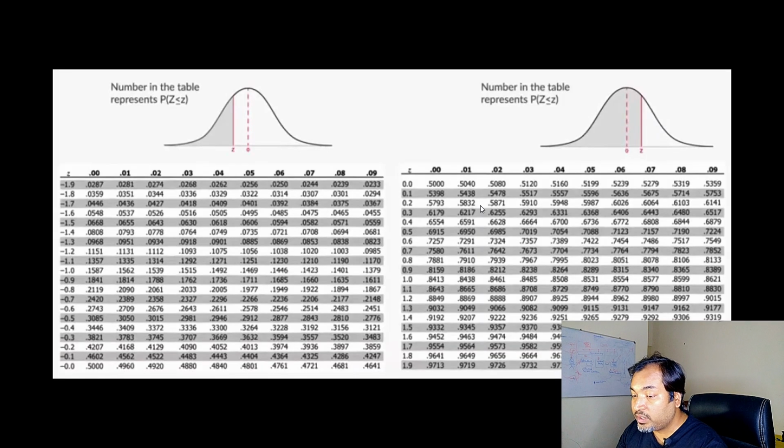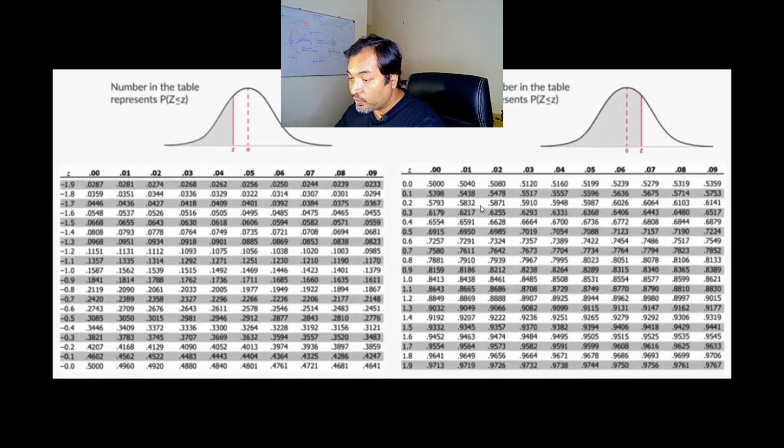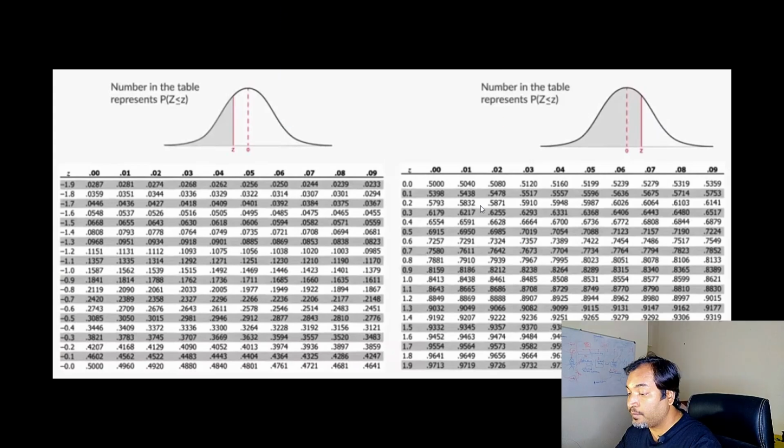We will go here and see 1.9 here, and the 6 is 0.975, right? You see the row of 1.9 and the column 0.6, and then you will get 0.975.